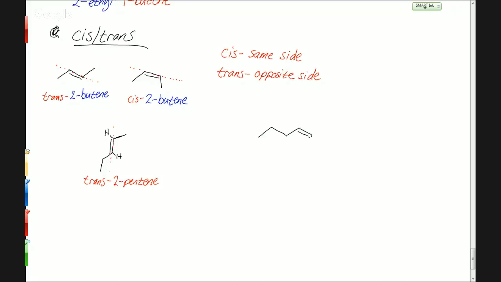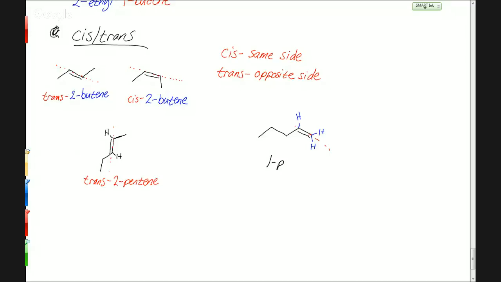If we look at this one side over here, this has 2 hydrogens on it. They're not shown, but 2 hydrogens there. And then there's a hydrogen over here. So we can still kind of draw that line, but we got the same thing on both sides. So any double bond that has the same thing on both sides on one of the carbons, you can't make that distinction. So this one's just going to be called 1-pentene and doesn't get any special cis or trans treatment.